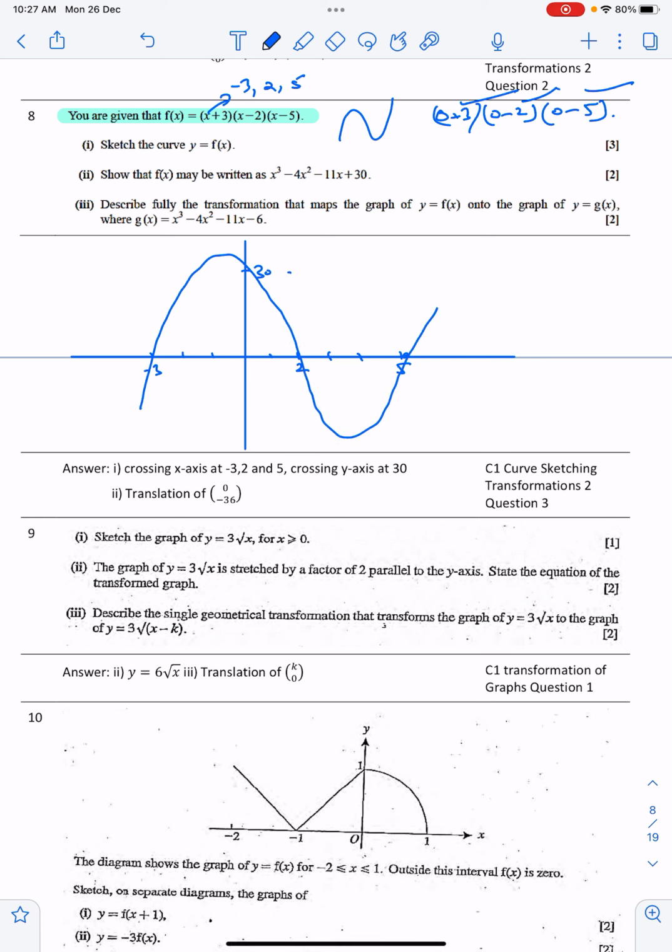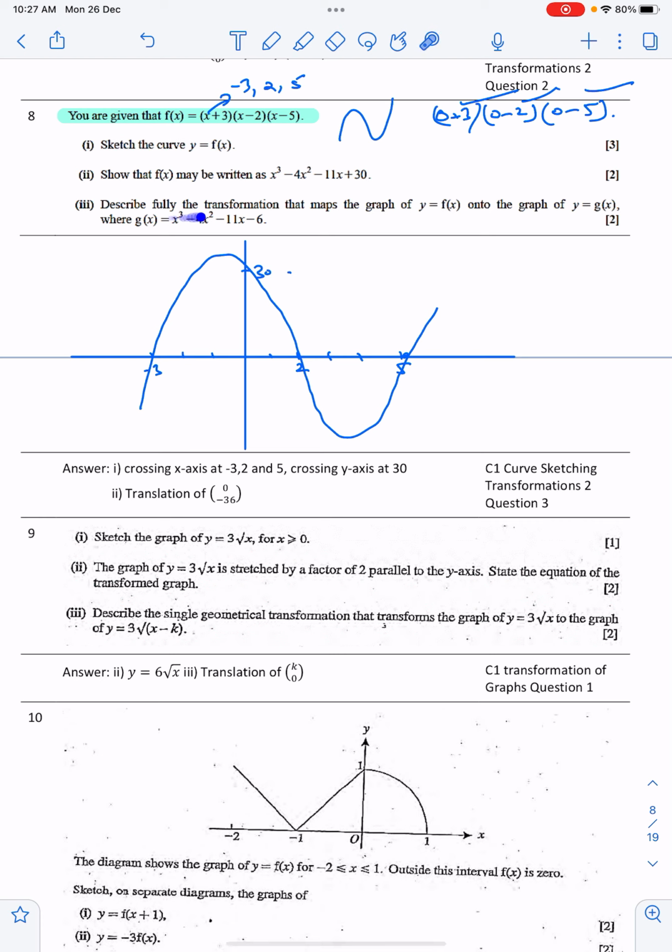Somewhat like this. Then it says show that f of x may be written as this. You just simply multiply the 3 brackets and definitely you will get the same. Simply you have to multiply the first 2 brackets and then whatever is the result multiplied by x minus 5 and you will get the answer to it.